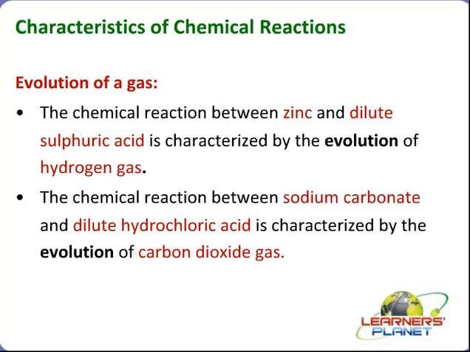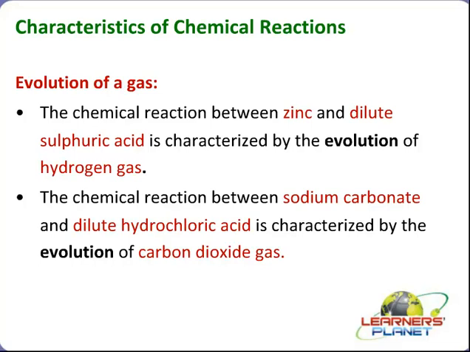So, when this reaction between sodium carbonate and dilute hydrochloric acid takes place, there is evolution of carbon dioxide gas. Again, it is an observable feature. As soon as you find bubbles in the test tube, what you can conclude is that the reaction has taken place. Got my point?